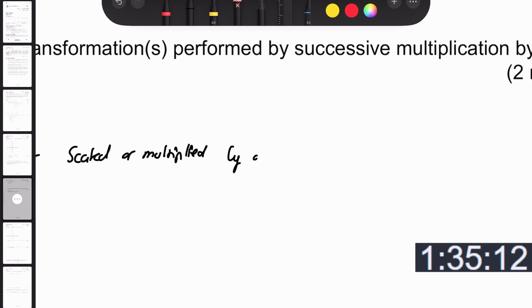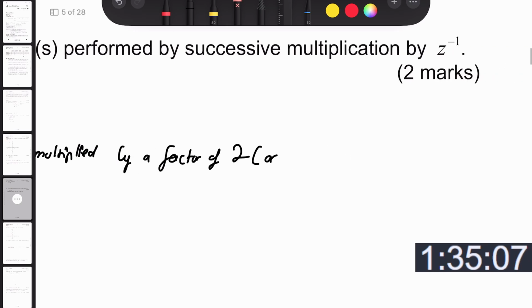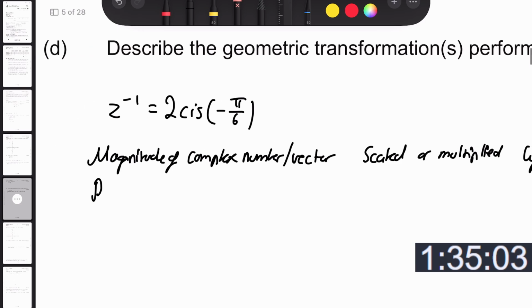So multiplied by a factor of 2, or doubled, and then rotated clockwise around origin.